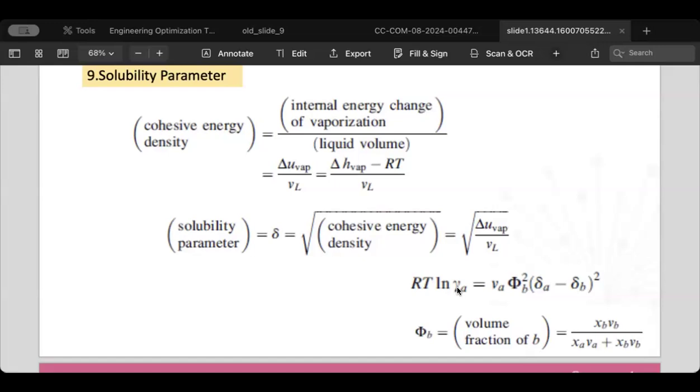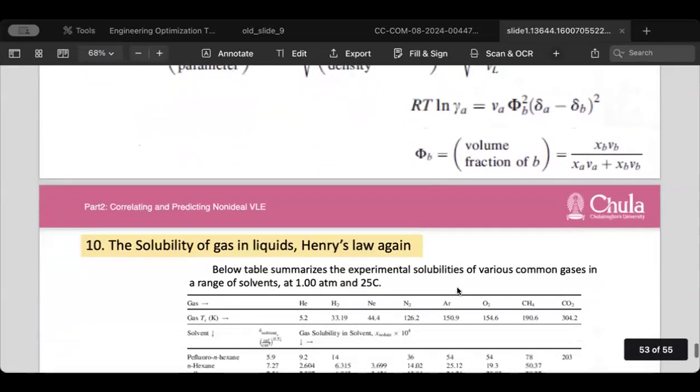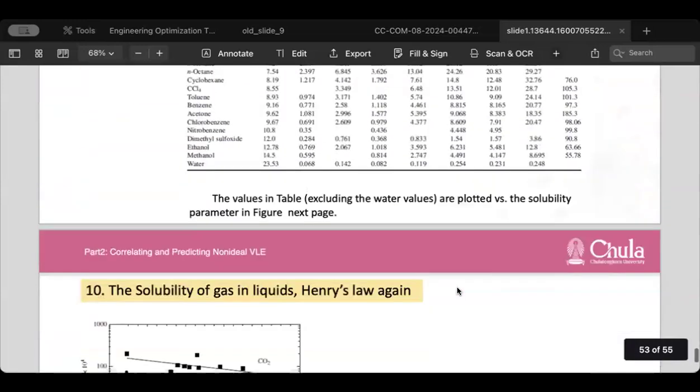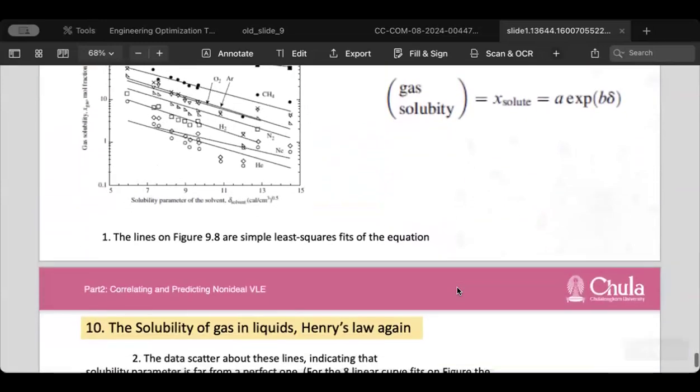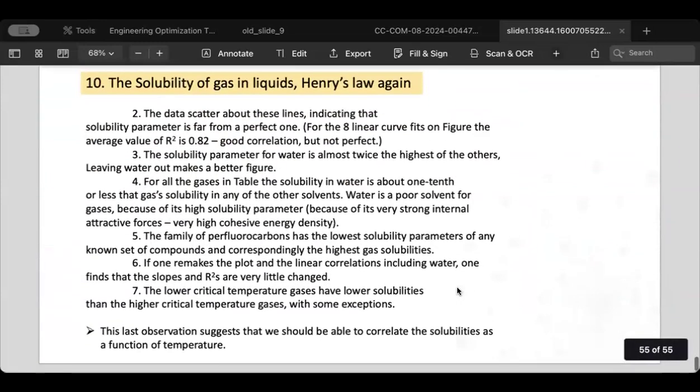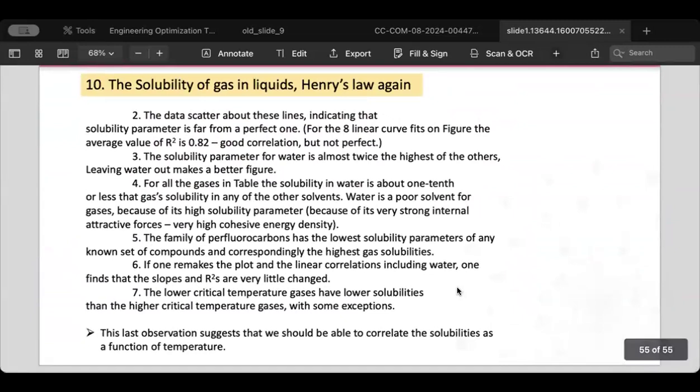Okay, that's okay. This is solubility of gas in liquid. Okay, so we move to the next chapter then.